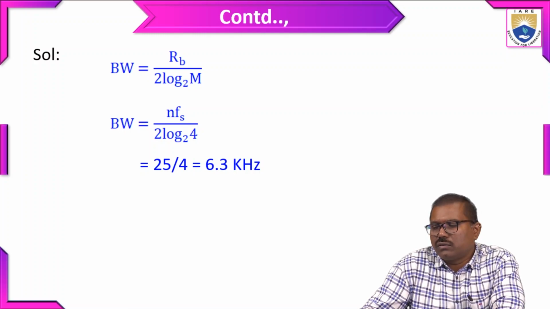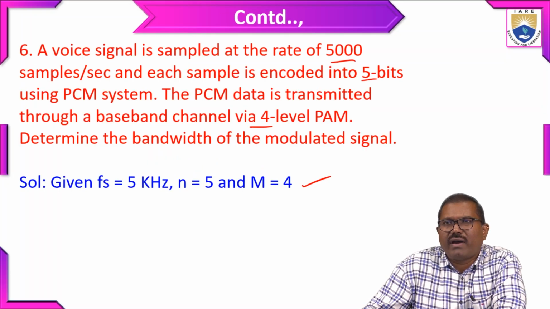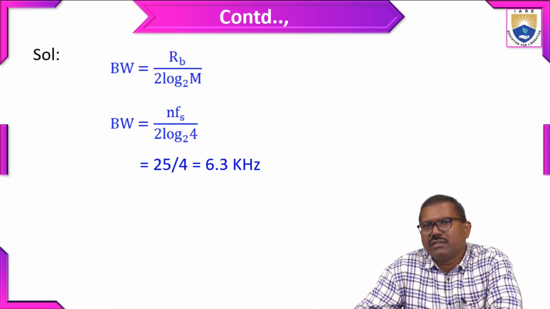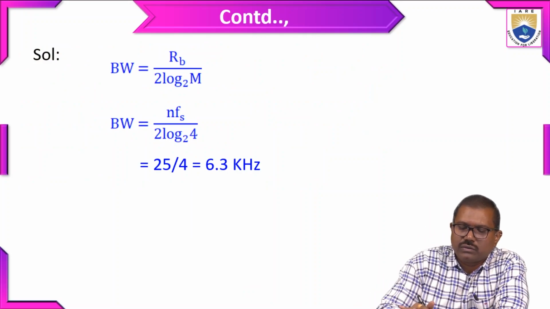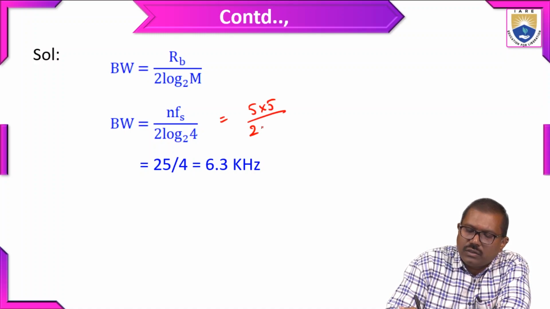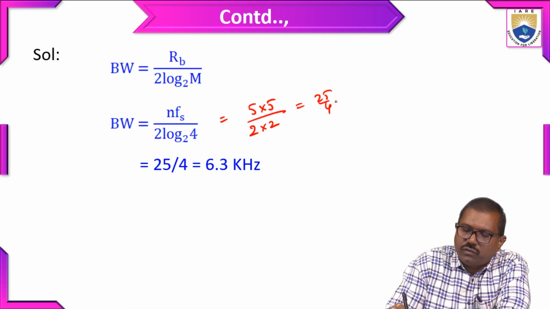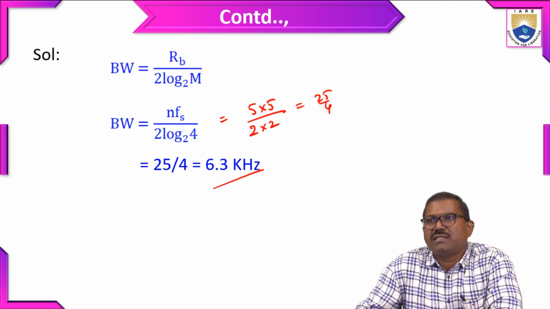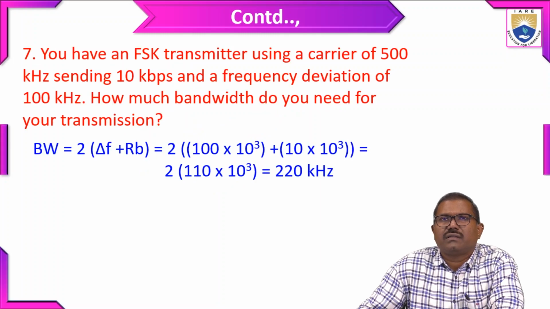N is 5 into 5000, so 25 kilo divided by 2 log 2 4, which is 4. So 25 by 4, about 6.3 kilohertz. So that is the bandwidth.